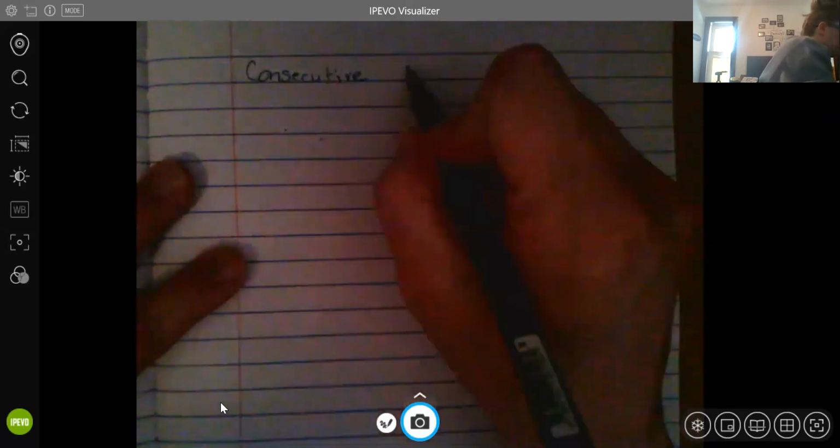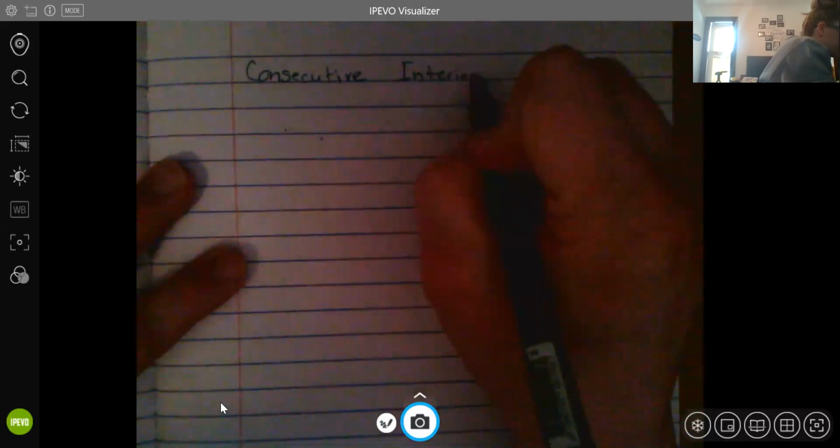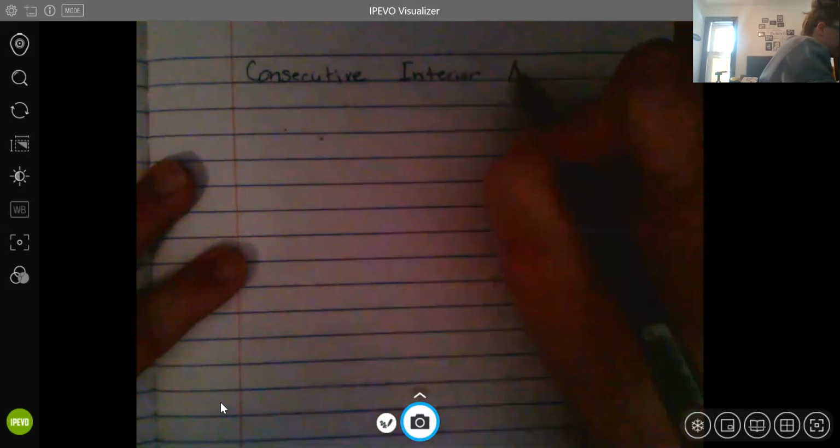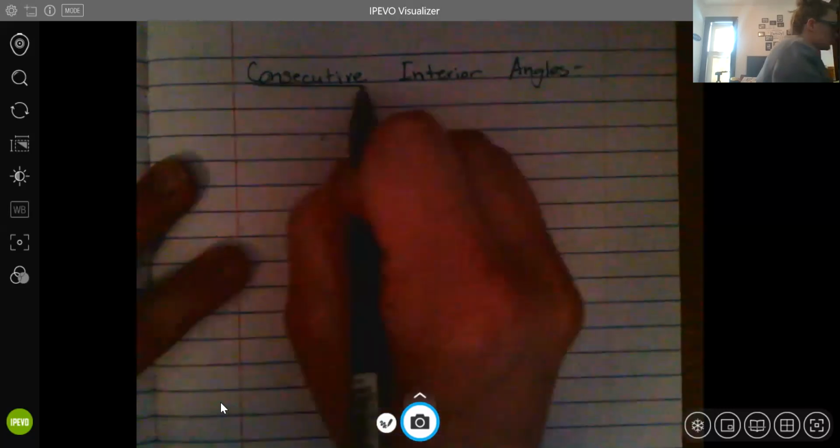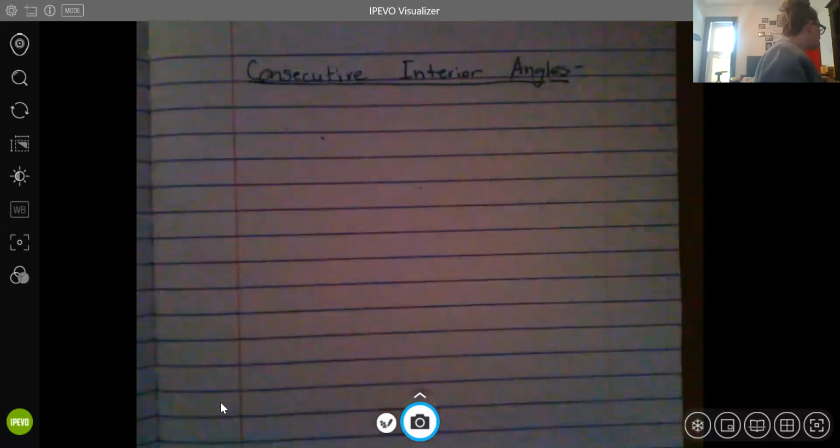All right, so let's jump in here and talk about consecutive interior angles. Consecutive means things that are right next to each other. Interior means inside. And angles, we know that. So the short version is there are two angles that are on the inside of my parallel lines and they're on the same side.